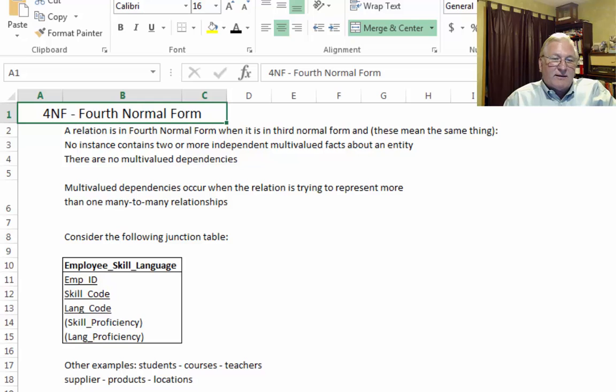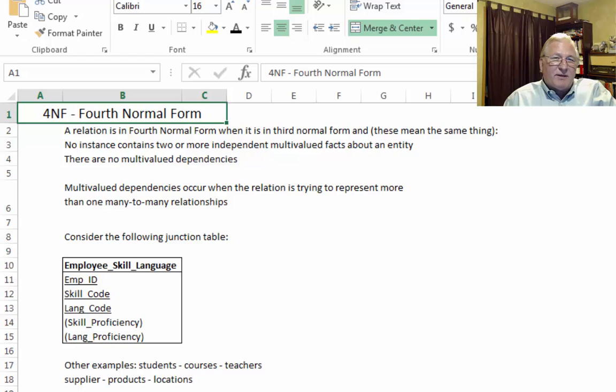And of course, obviously, the way to deal with this is to break apart the skills and the languages. And so these are many-to-many relationships. And other examples that you can run into are students, courses, teachers. Students can have many courses and many teachers can teach the courses, suppliers, products, locations, and so on.